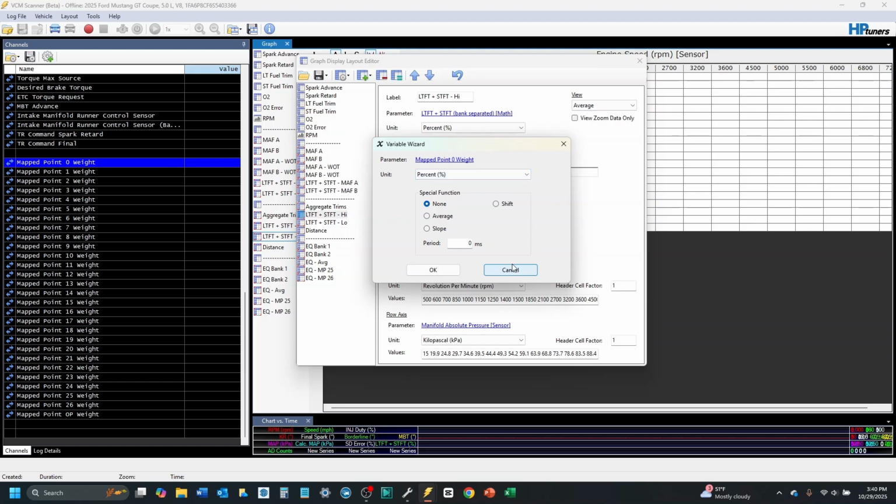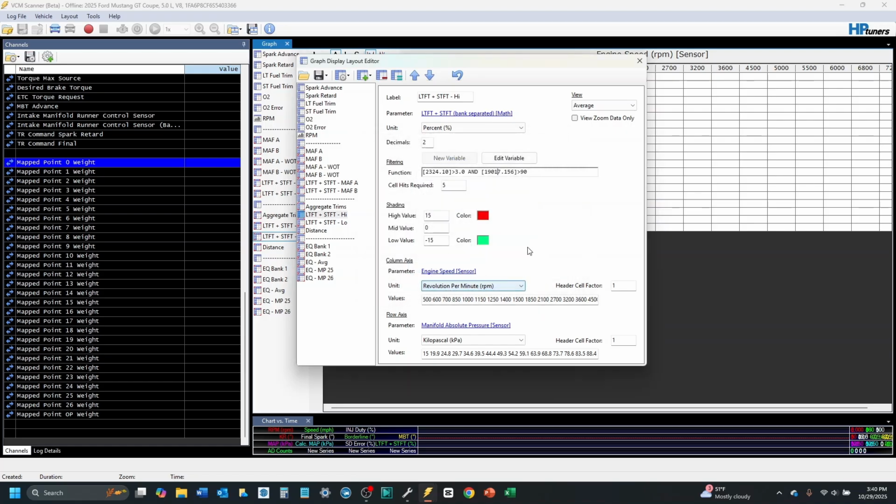Okay. And between the two of these, I will have a full map of my speed density trims. You'll see the two together complete a picture. That's why aggregate trims will give you the whole picture, and you'll see that this then gets split between high and low when we come back and look at the log.